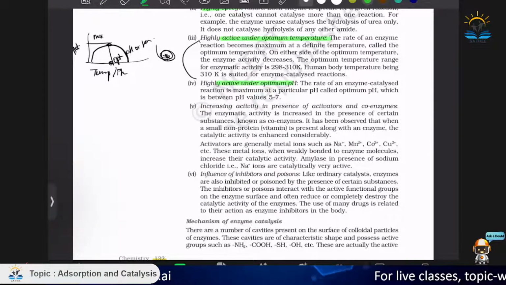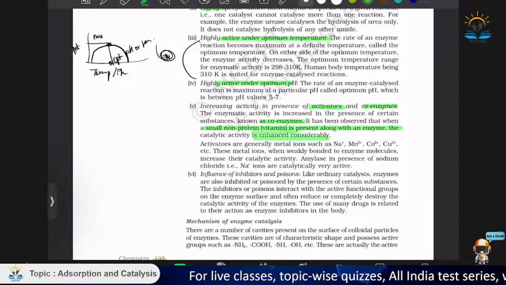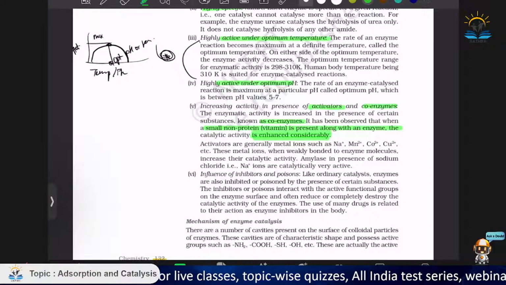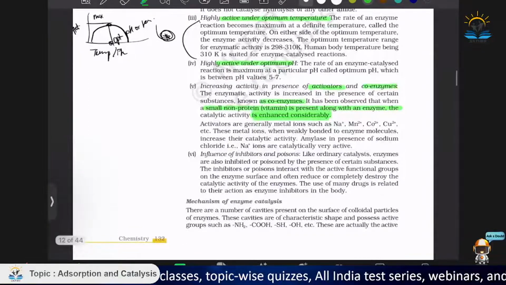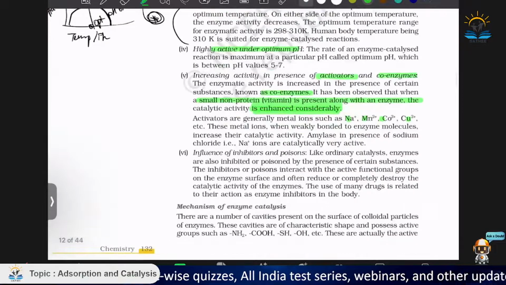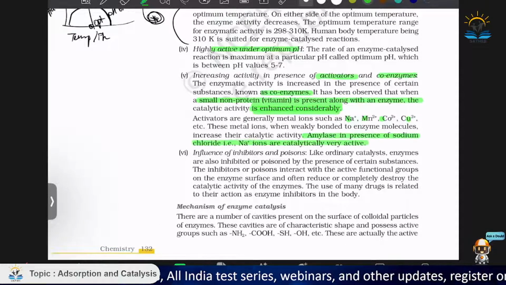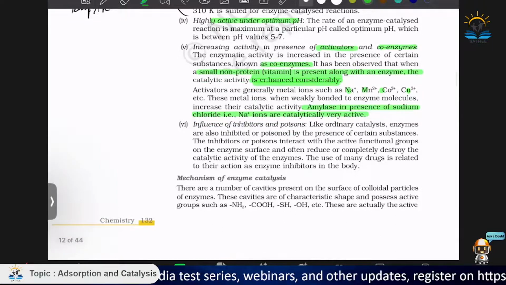Then their activity increases in the presence of activators and coenzymes. Coenzymes are small non-protein molecules present along with an enzyme that increase its activity. For example, vitamins or ions such as sodium, manganese, potassium, calcium. A good example is amylase, which is very active in the presence of sodium ions.